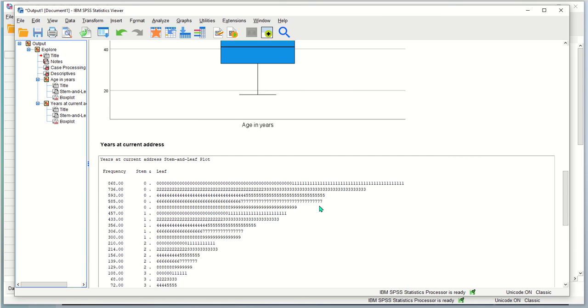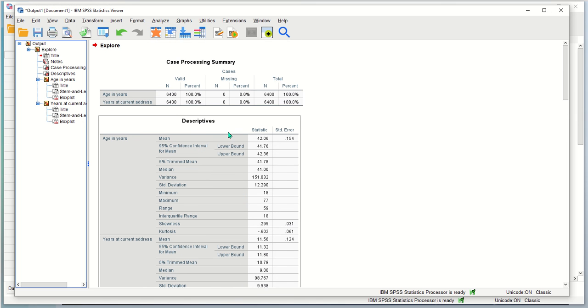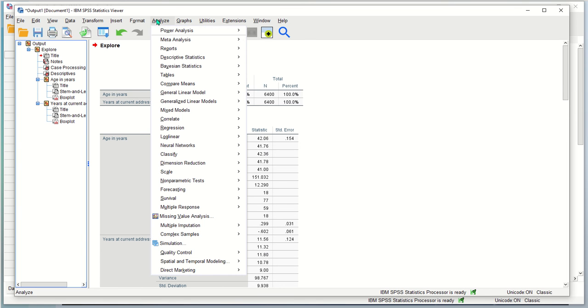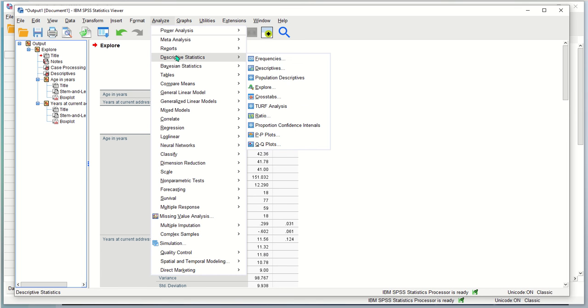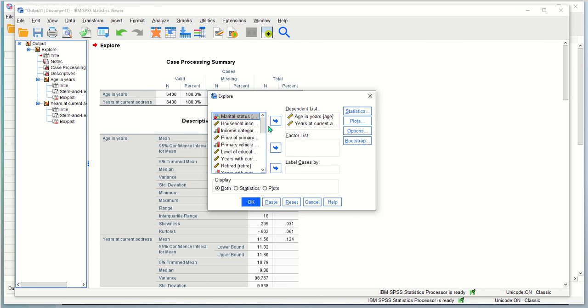So that's very handy. Another neat thing about using Explore is you can split your data. So let's go back to Analyze, Descriptive Statistics, Explore, and let's split it by gender. Put gender in the factor list. Now we'll be able to see age and years at current address for each gender.